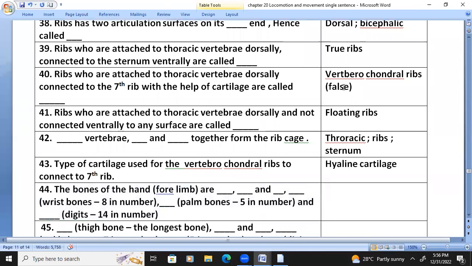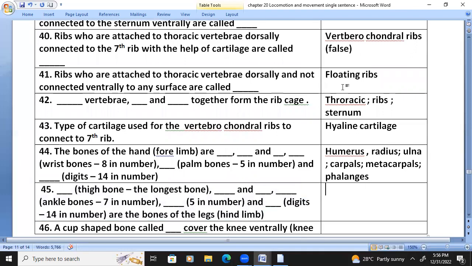The bones of the hand of forelimb are humerus, radius, ulna, carpals, metacarpals, phalanges.